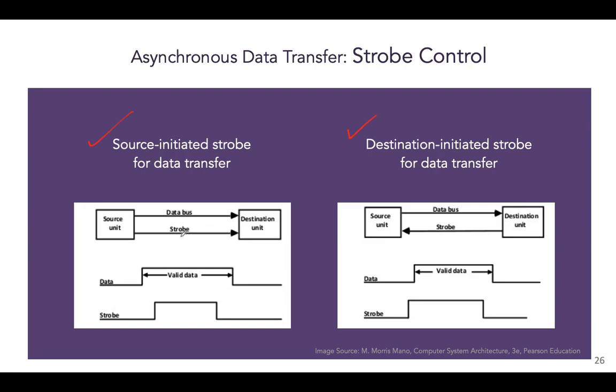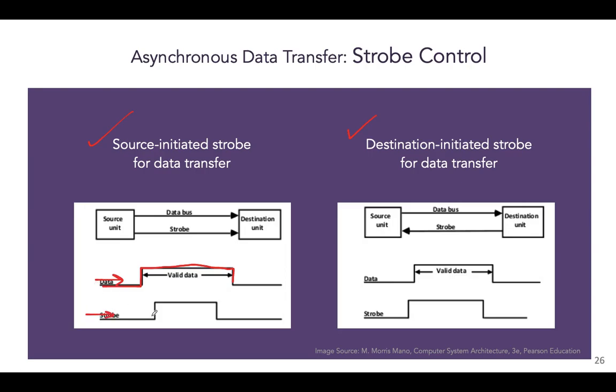Suppose this is the clock diagram of the data that the source unit wants to send to the destination unit. This is 0. With this clock pulse, the data becomes 1. That means from this to this, we have valid data. You'll see here, the source unit sends out two signals, the data and the strobe.